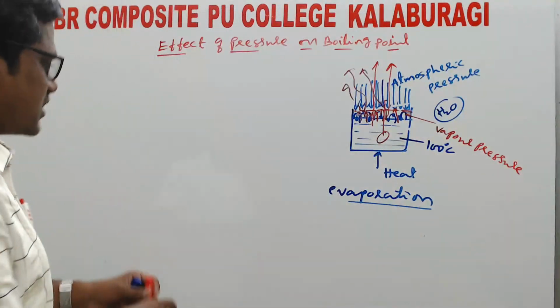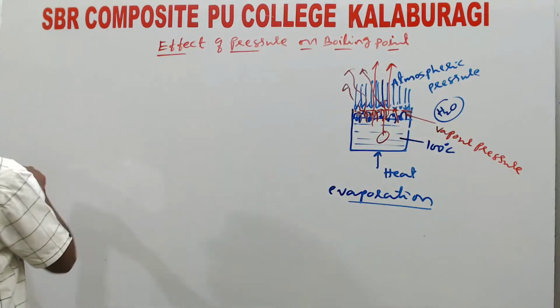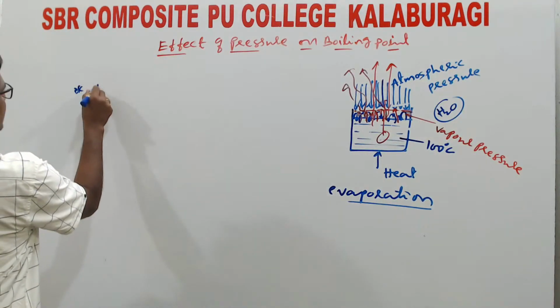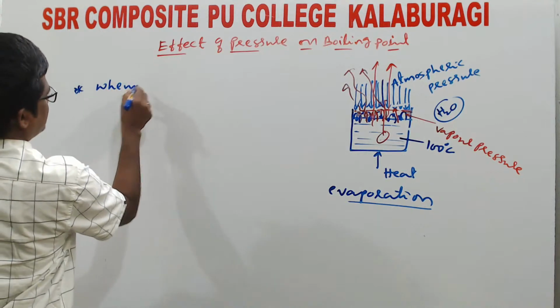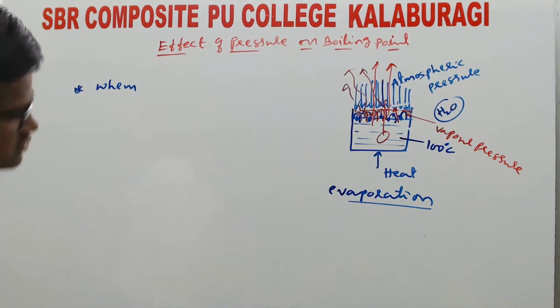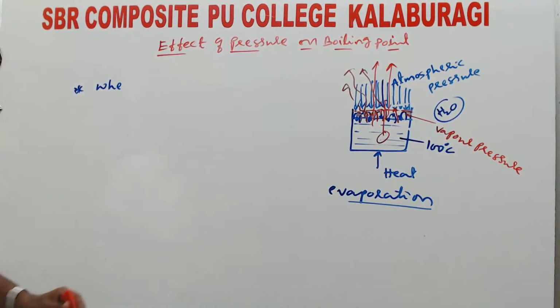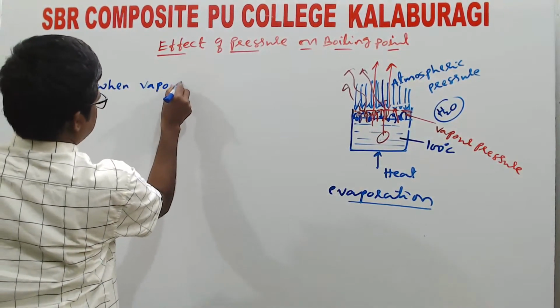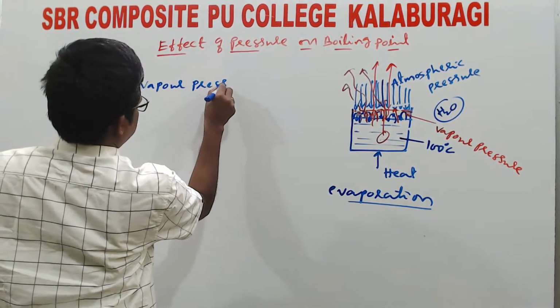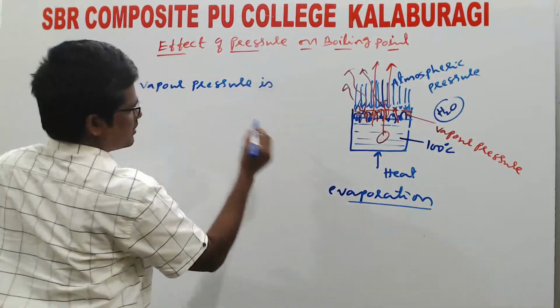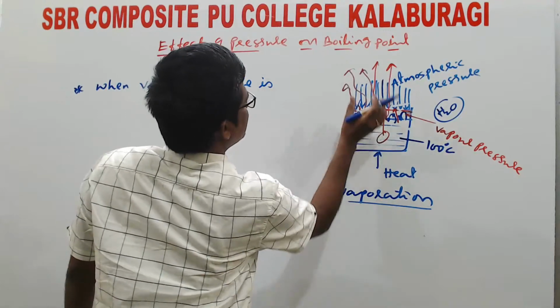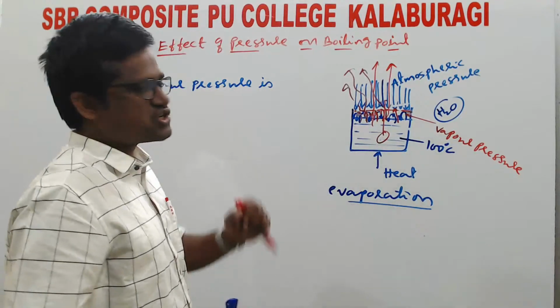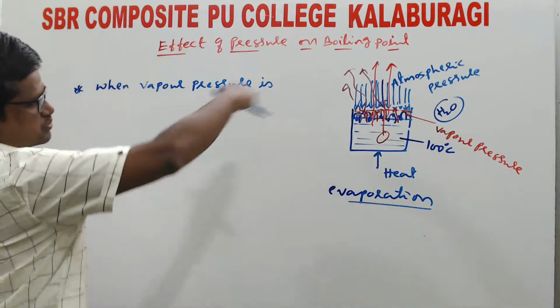So when will the boiling start? Boiling starts when vapor pressure is equal to atmospheric pressure. Vapor pressure means the molecules come out of the surface and create one pressure on the external atmosphere.